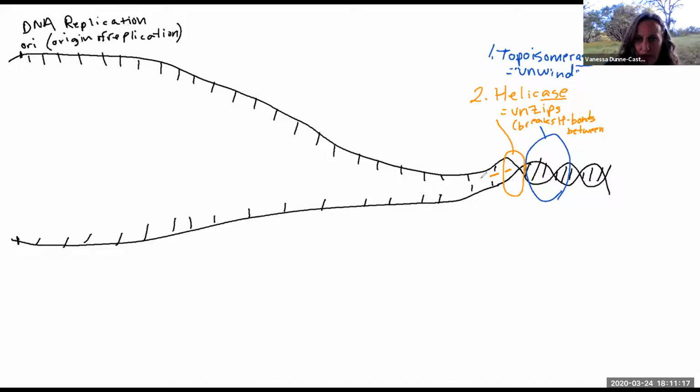So if they're breaking hydrogen bonds between these nitrogenous bases, would that be adjacent nucleotides or complementary nucleotides? Do you think the helicase, you can answer this one, does the helicase break hydrogen bonds between adjacent nucleotides or complementary nucleotides? Good, good. Yep, between complementary nucleotides.